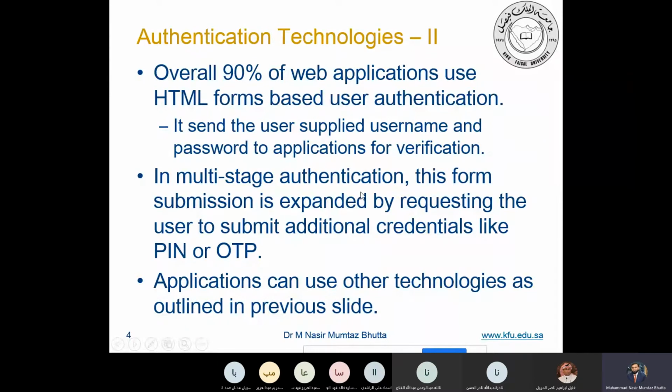If the username and password are correct, then they send you a one-time password or PIN, and they ask you to provide that, then it is verified. Or sometimes, even now, many mobile applications ask you to verify your fingerprint. First you enter your username and password. If that is correct, then they ask you to verify your fingerprint, and then they allow you to log into the web app or the mobile app.